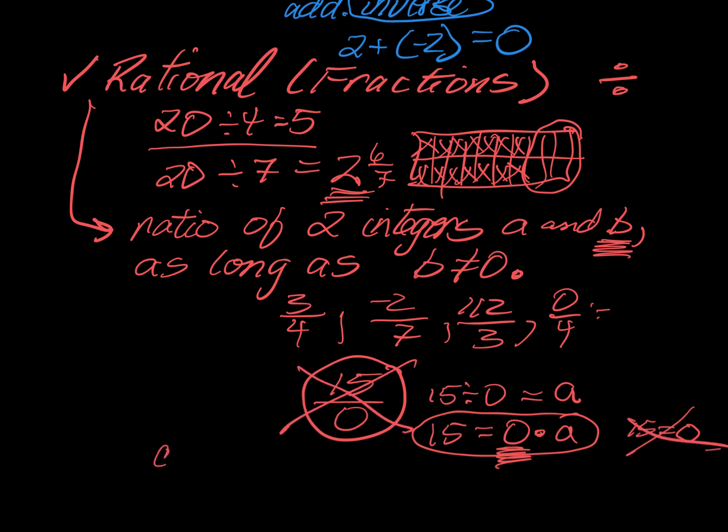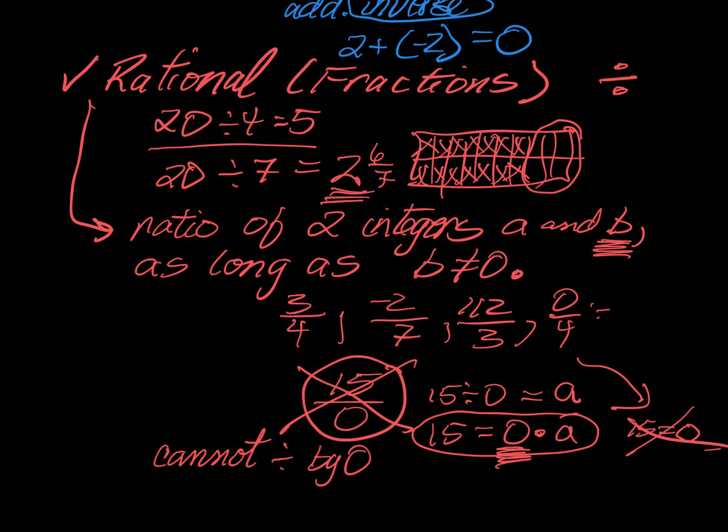Okay? You cannot divide by 0, and you have just seen a proof of why not. So, rational numbers: a ratio of two integers as long as the denominator is not equal to 0.